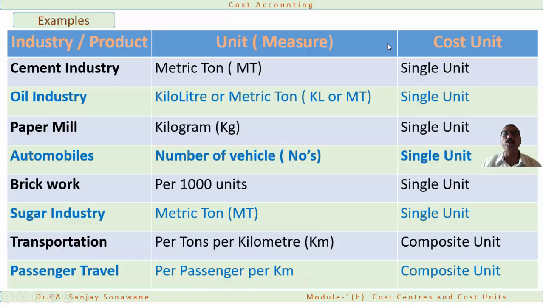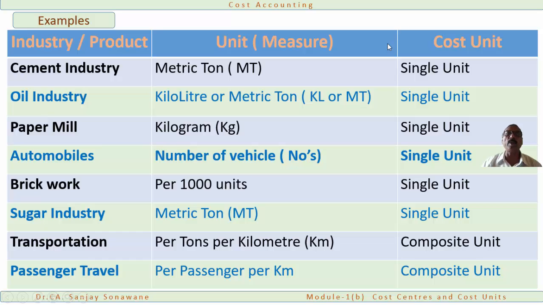Now, what is the need of using a composite unit? Let us say in passenger travel, we are running a bus, so there is a cost to us running a bus. We'll calculate the cost of running a bus per kilometer. But in this bus, only one passenger is not traveling. There are many passengers. Let us say there are 40 passengers traveling in a bus.